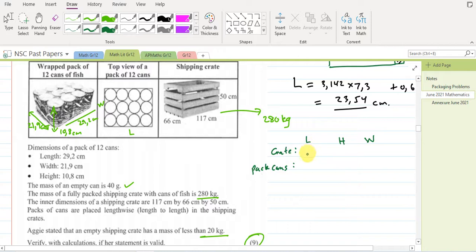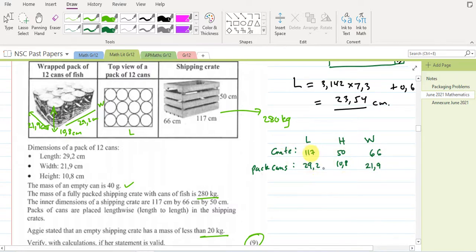The crate's length is 117. The can's length is 29.2. The height of the crate is 50, and the height of the cans is 10.8. The width of the cans is 21.9, and the width of the crate is 66.